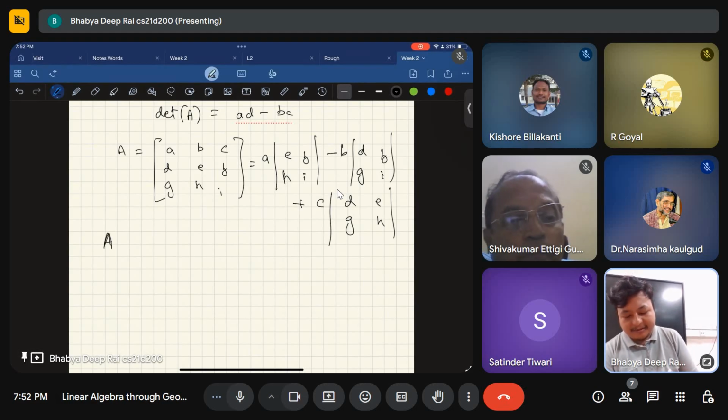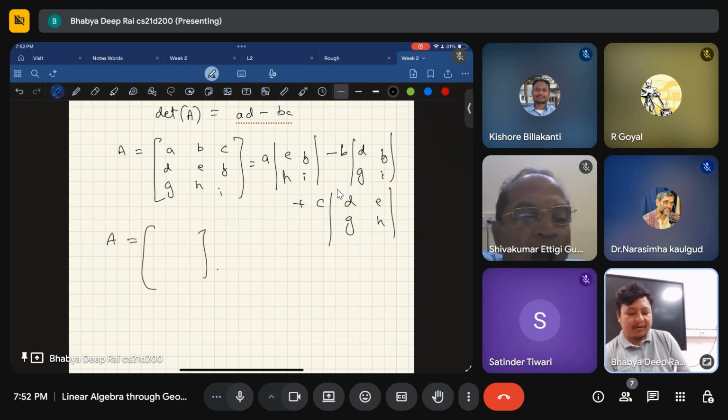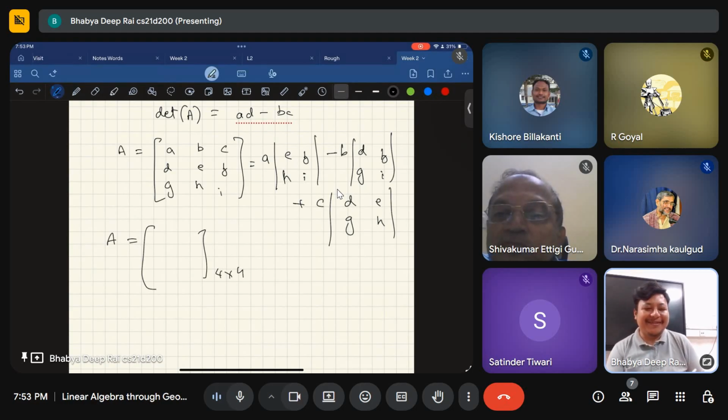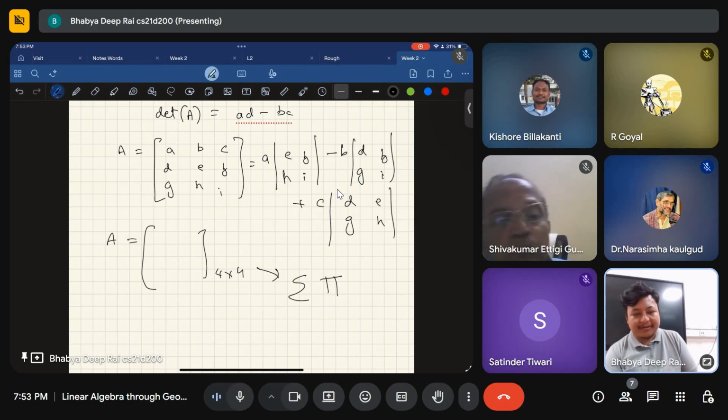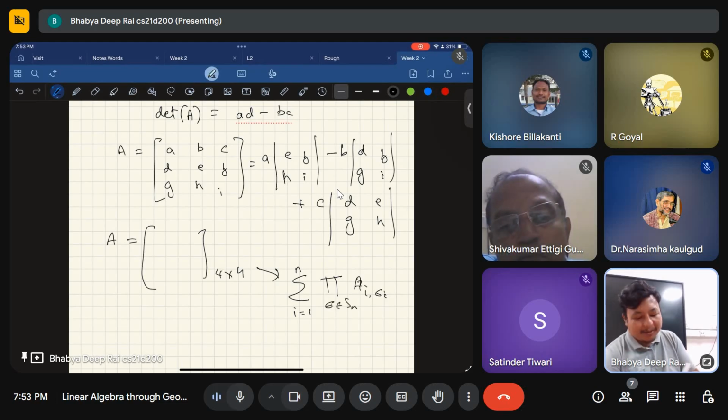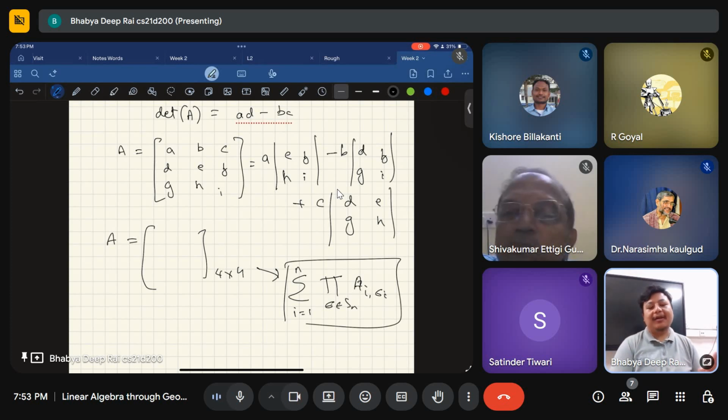If I have a 4 by 4 matrix, how do you compute the determinant? Then the formula becomes complicated. You need to represent it in terms of permutations, a summation of monomials, going across all possible permutations sigma. It's a very difficult formula to state.